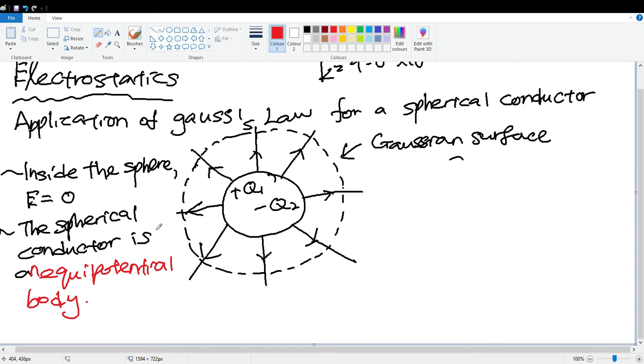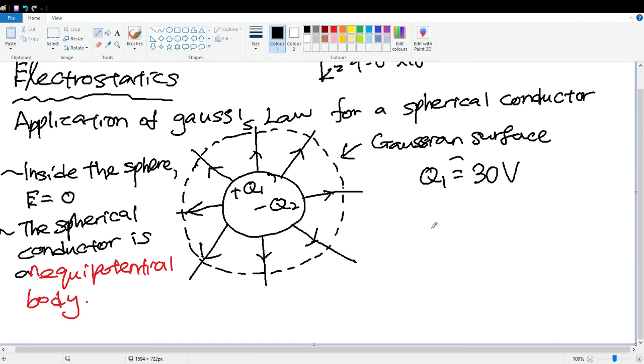Since it is equipotential, let's say for this point charge Q1 inside this spherical conductor, I have 13 volts.